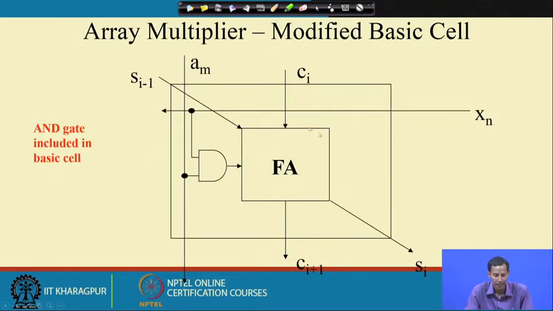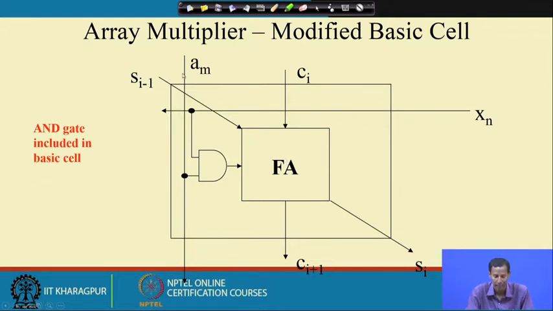Okay. And then the corresponding processing element block also will be changed. Initially, it was something like this: sum, and then carry, and then x in.